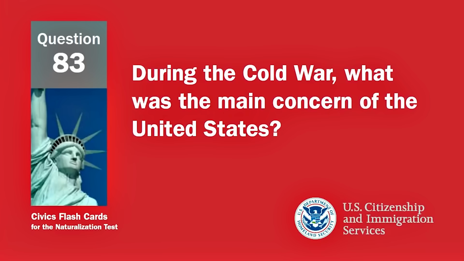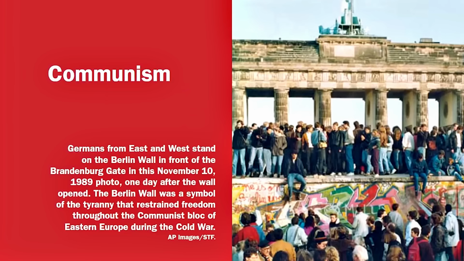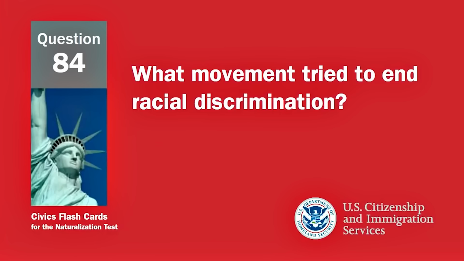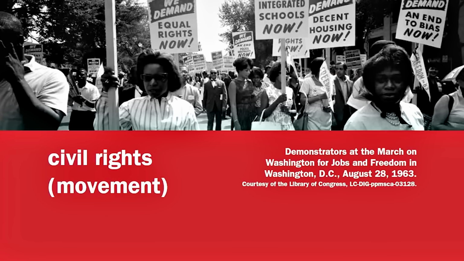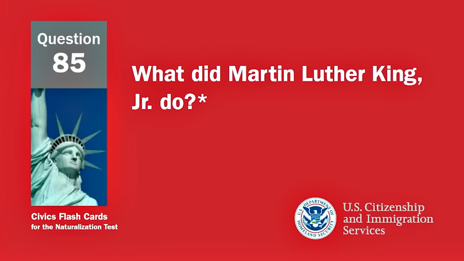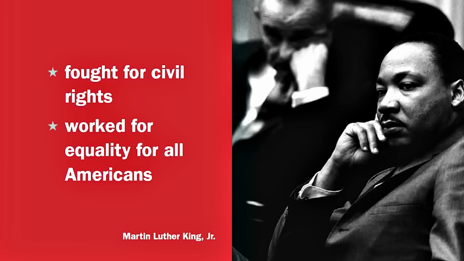During the Cold War, what was the main concern of the United States? Communism. What movement tried to end racial discrimination? Civil Rights Movement. What did Martin Luther King Jr. do?